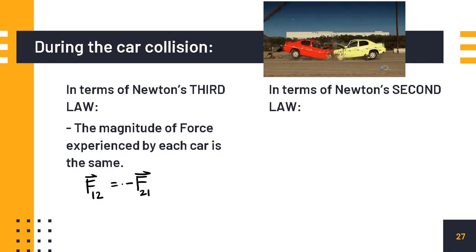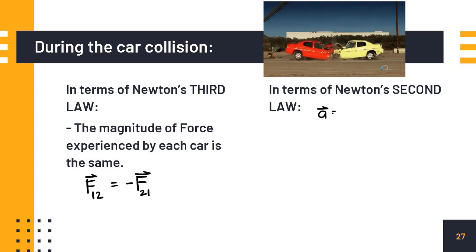Now, how can we interpret what happens inside that system using Newton's second law? We know that Newton's second law defines what happens to the acceleration of a particle, knowing that it is affected by a certain force and the particle has its own mass. We can summarize Newton's second law in this equation.